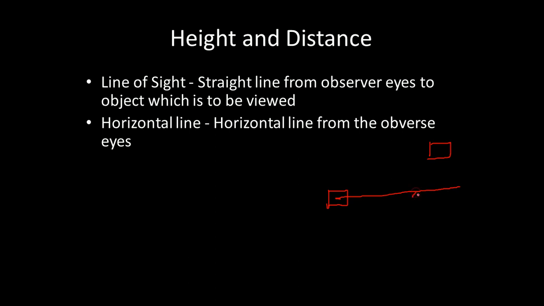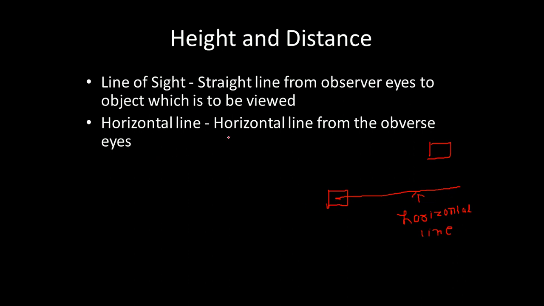From the observer's eyes we draw a straight horizontal line, and that is called the horizontal line.